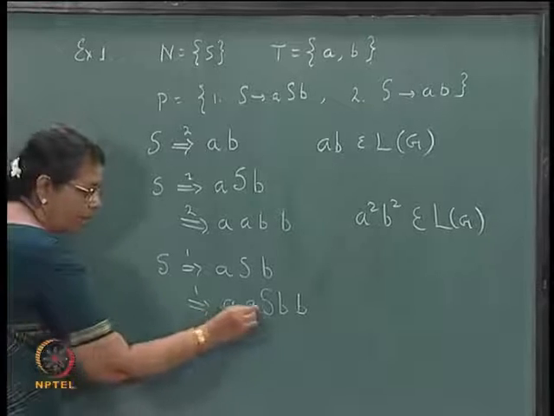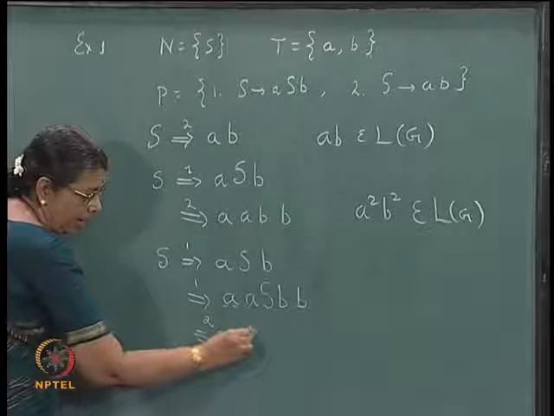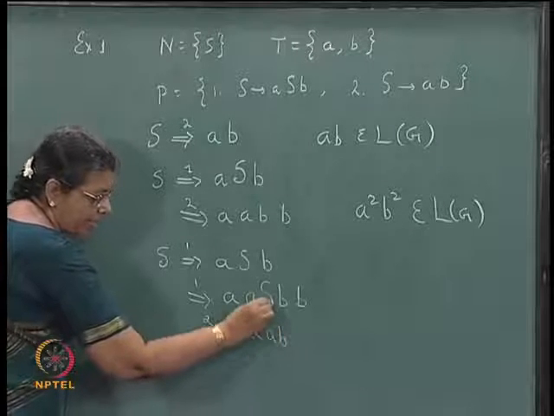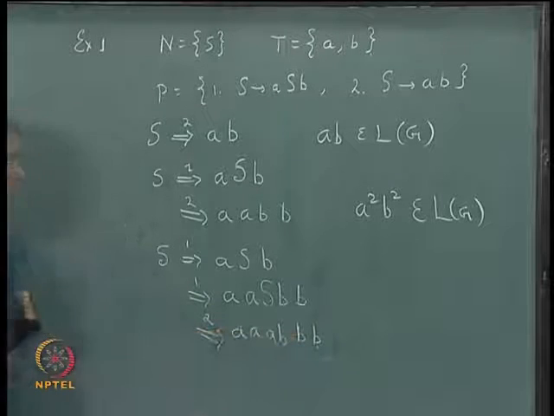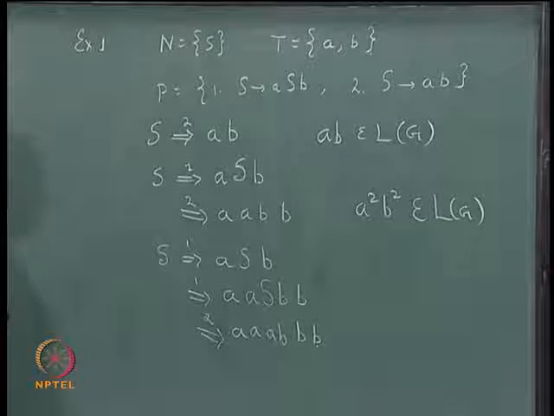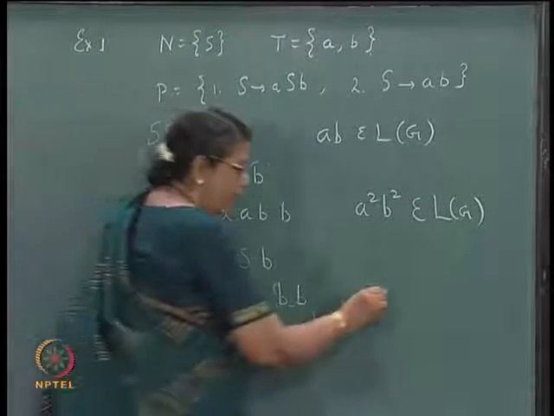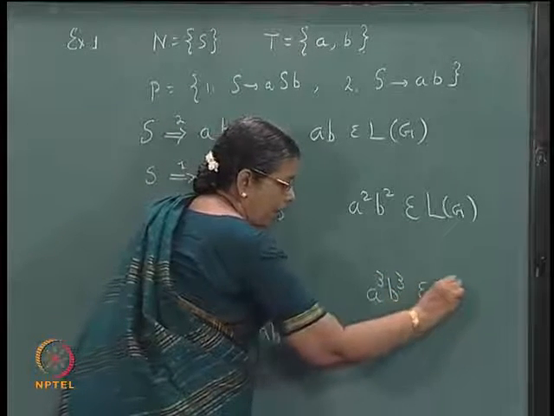So you have AASBB, and then use rule 2, S is replaced by AB, then you get AAABBB. This is again another terminal string derivable, and it belongs to the language generated. So you have A cubed B cubed belonging to L of G.